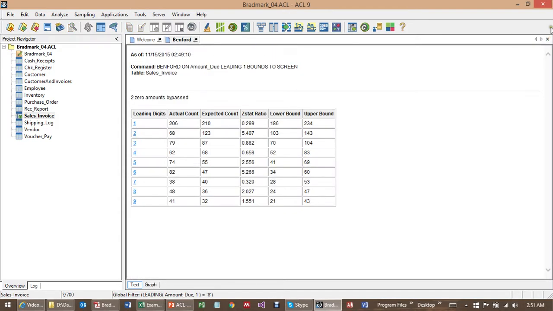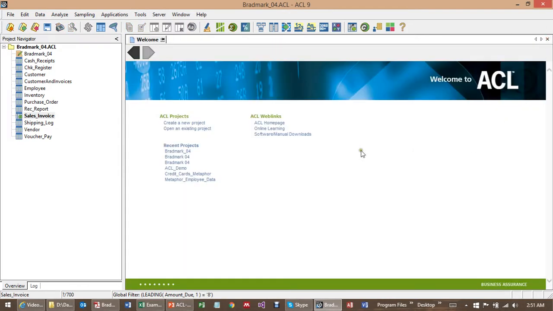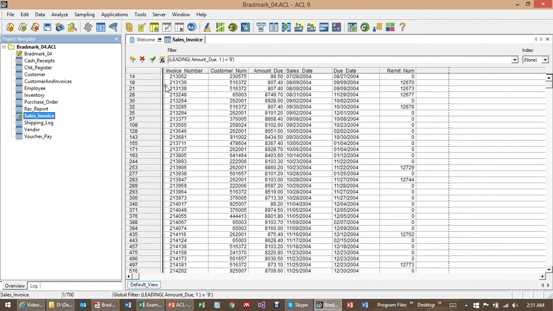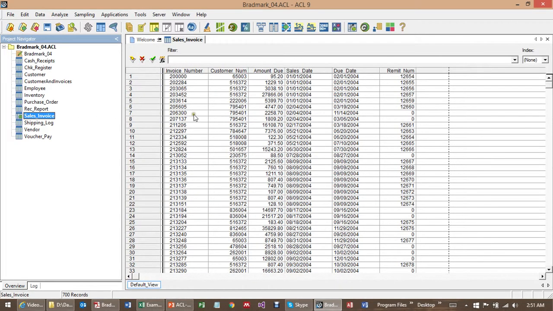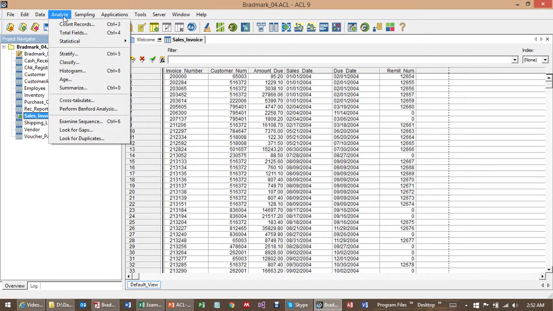Now another one we can do in this data is, I clicked the X here to eliminate the previous test. So we have all the data, we have all 700 records here. Now analyze again, examine sequence.